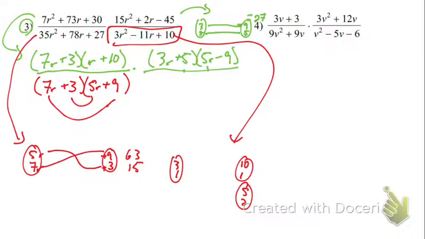So it'll be 3 times 2 is 6. 1 times 5 is 5. And I need to make them both negative. That way I get my negative 11 here. So my 3r pairs up with the negative 2 over here. And then my 1r, or r, pairs up with the negative 5.